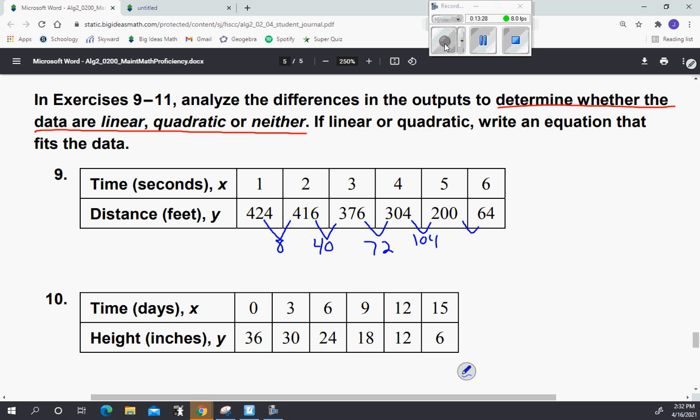And 264, I'm going to get 136. Now, if those differences were the same, I'd have a linear graph.